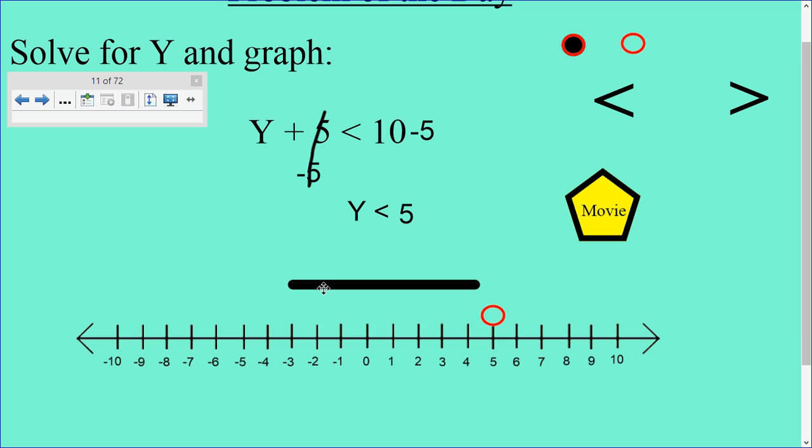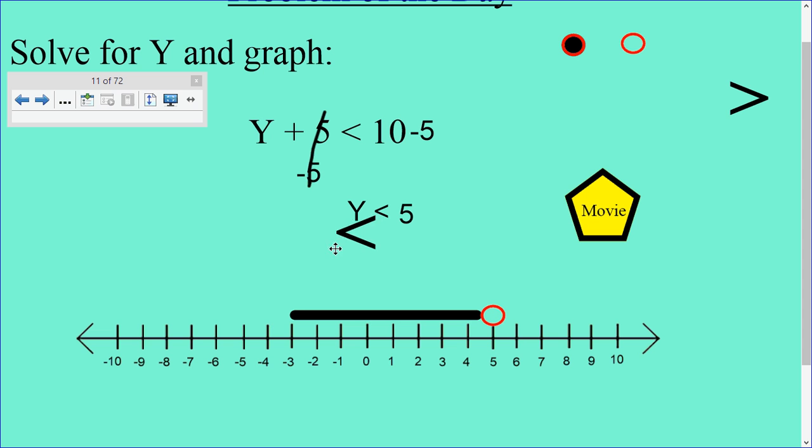So notice the numbers that I mentioned, 1 and 2 and 0, they're going towards the left. And notice our arrow goes to the left and it looks just like the less than symbol. So that would be the graph of this inequality. So we would solve it like a regular equation, but we would graph it using our symbols.